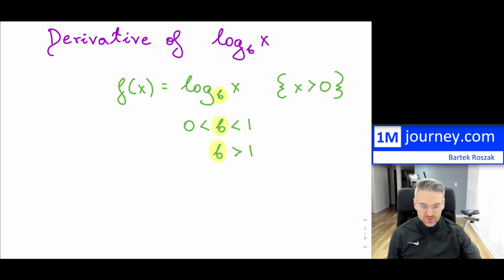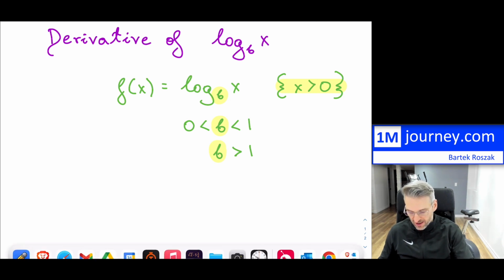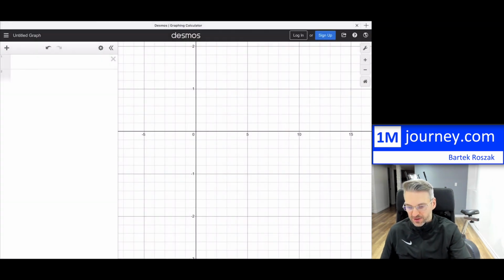With this function, we should know that the domain is for x greater than 0. It doesn't exist for x less than 0 or equal to 0 at all. Now, how does this function look? If I go back, I'm going to put this up on decimals.